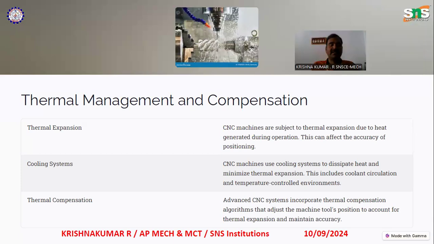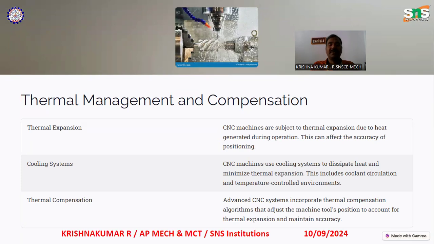Thermal management and compensation. Thermal expansion. CNC machines are subjected to thermal expansion due to heat generated during operation. This can affect the accuracy of positioning.